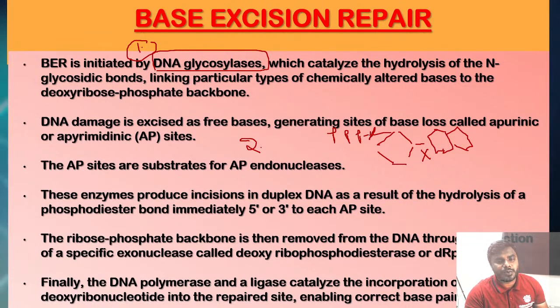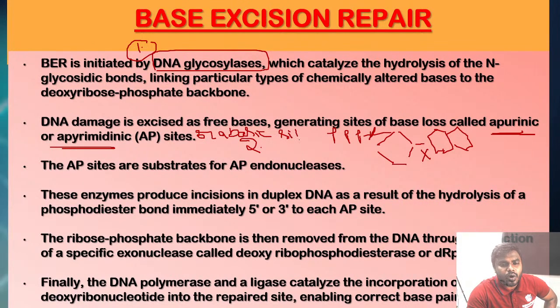After cleaving the phosphodiester bond, we will replace the entire nucleotide. Now, after cleaving the base, there is no base, right? Then what do you call it? An apurinic site, an apyrimidinic site. You can also call it an abasic site. A means no base, no purine or no pyrimidine.